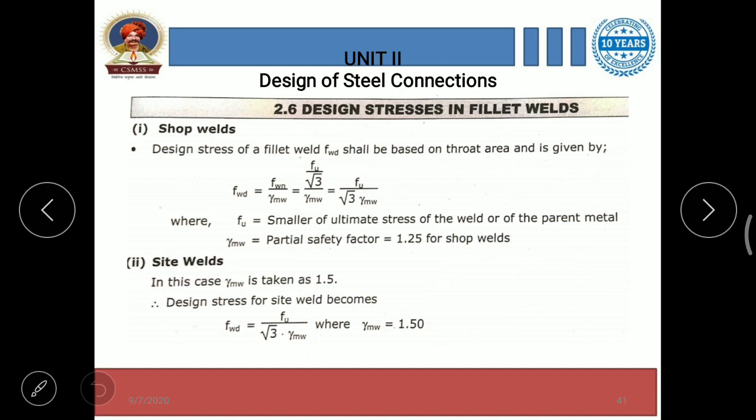Design stress of a fillet weld, denoted by FWD, shall be based on throat area, and it is given by FWD is equal to FWN upon gamma MW. Net fillet weld strength upon gamma MW is equal to FU upon root 3 upon gamma MW, and it becomes FU upon root 3 gamma MW.